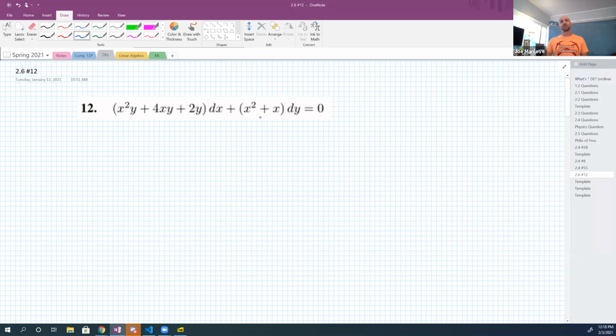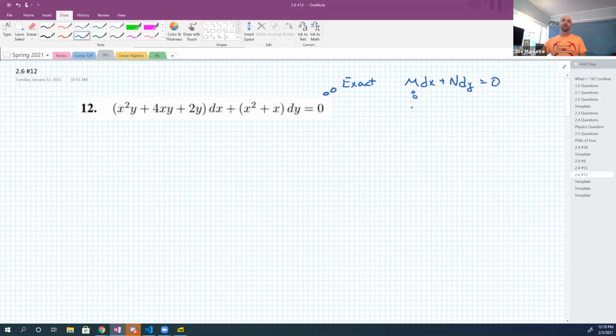When they're set up like this, you should think to yourself exactness, right? That means you're thinking M dx plus N dy is 0.